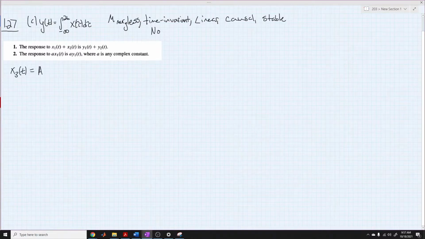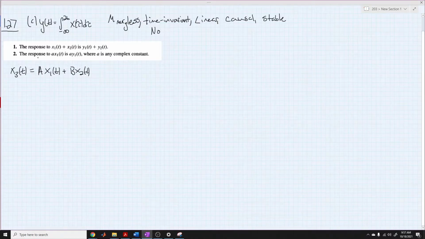So we could say a x1 of t plus b x2 of t, where a and b are constant coefficients. Now, a and b could be complex, they could be real, they could be purely imaginary, but they're still going to be constant coefficients.